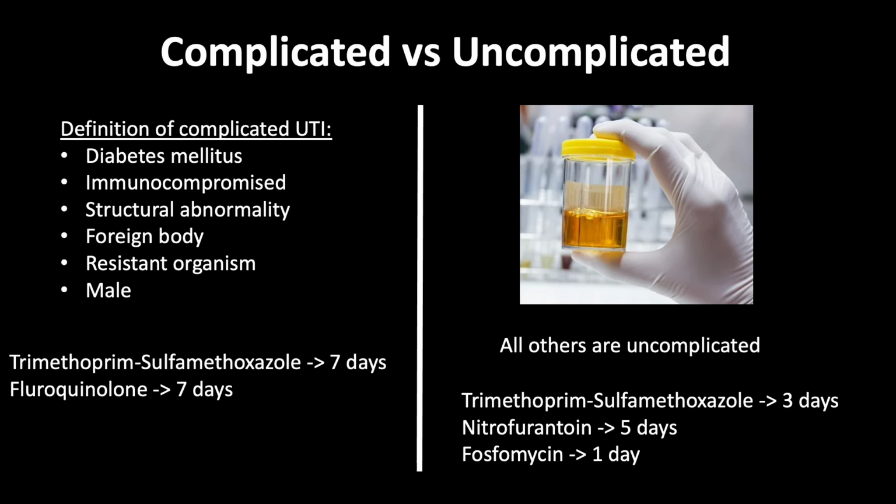So if you classified someone as having a complicated urinary tract infection, the antibiotics you'd like to choose are trimethoprim-sulfamethoxazole for 7 days or fluoroquinolone for 7 days. And be sure to check out your local resistance so you can tailor which antibiotic is best for your patient.